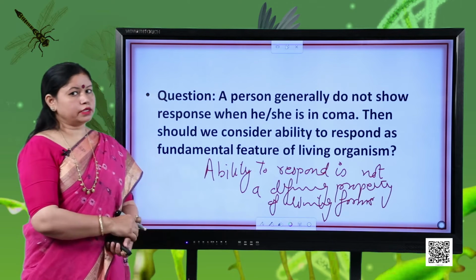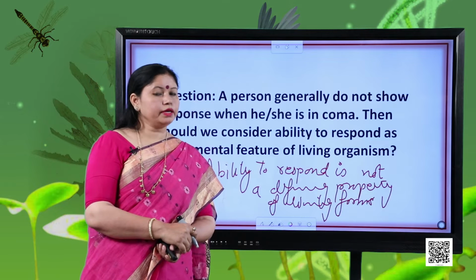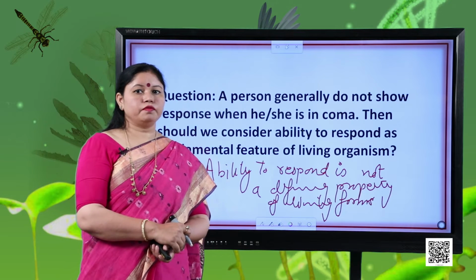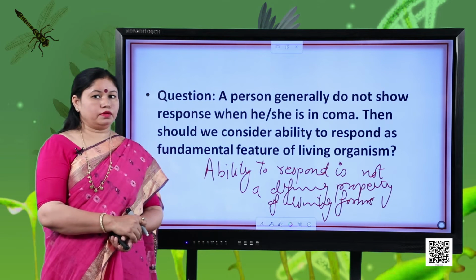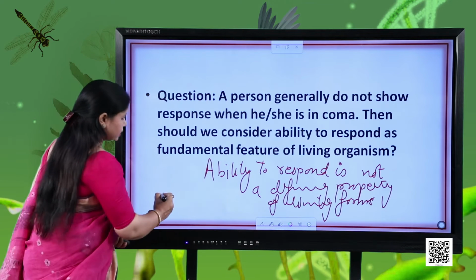Though the person is not showing any response, still something is there inside that person which is keeping them alive. What is that? That is consciousness.